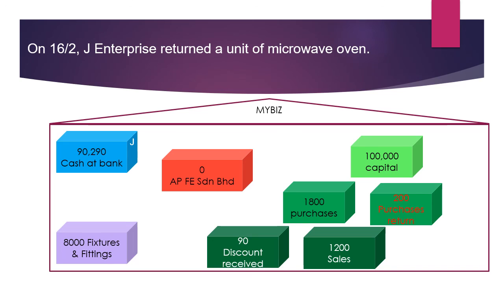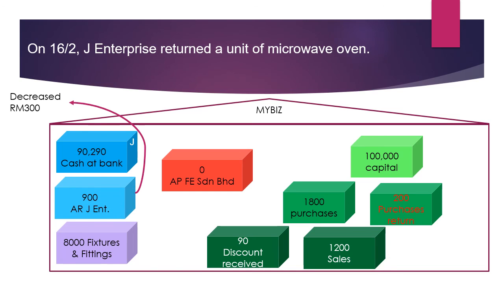Now, what happens if J Enterprise returns the oven? So you already have a record of J Enterprise, but when J Enterprise returns an oven to us, the AR J Enterprise will be reduced, decreased by 300 ringgit, because for one oven the selling price is 300.